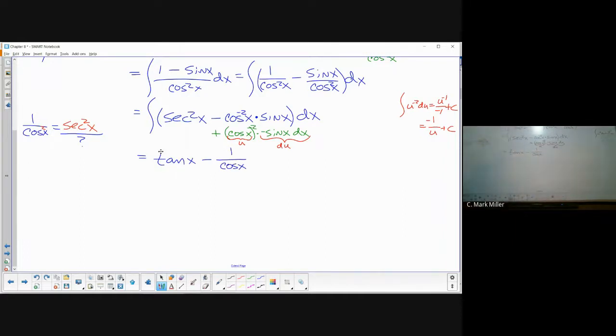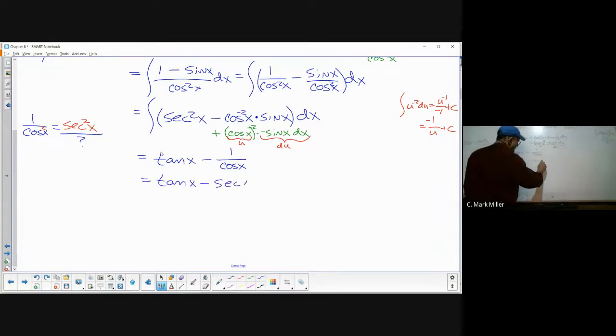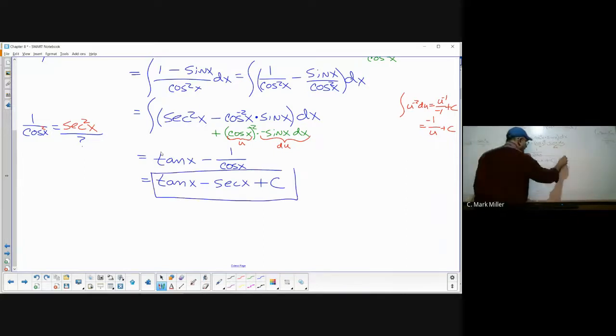But you're not going to leave it that way, right? 1 over cosine x equals secant. Lots of review in there.